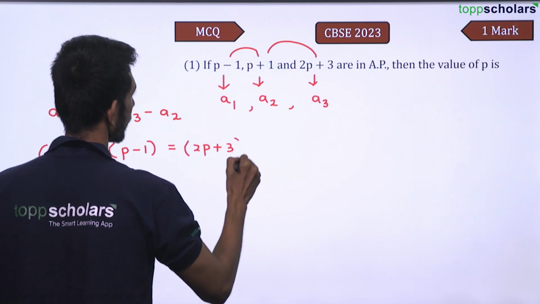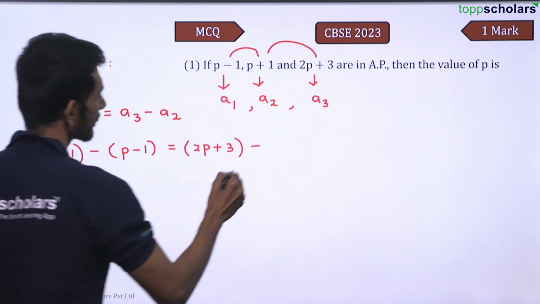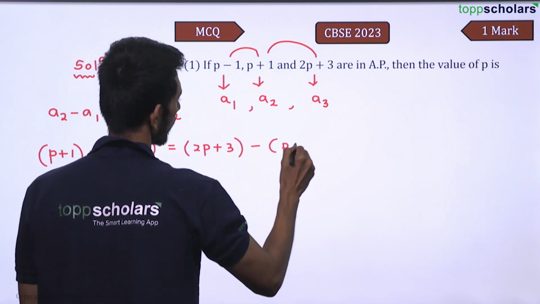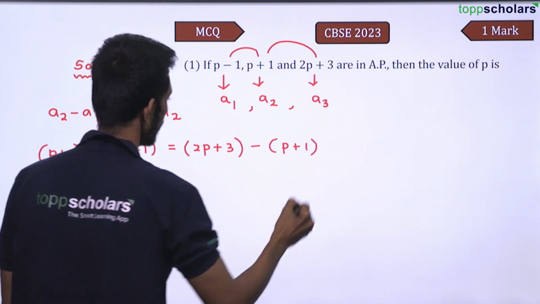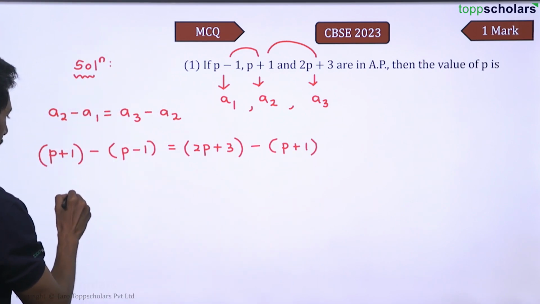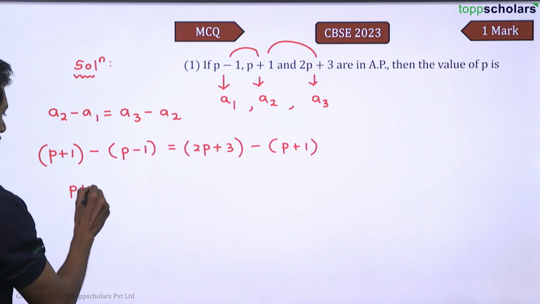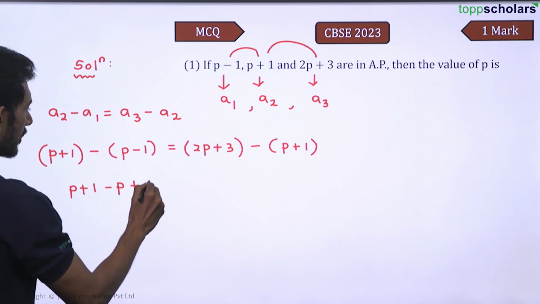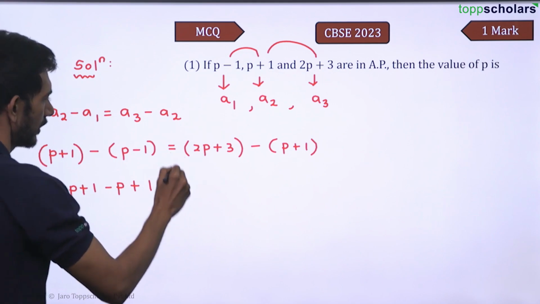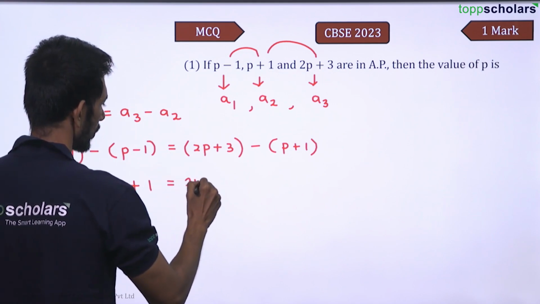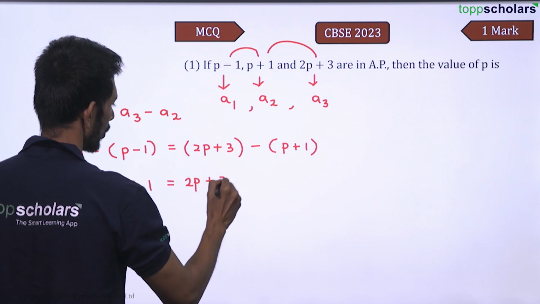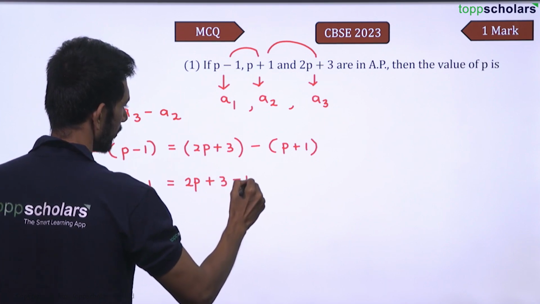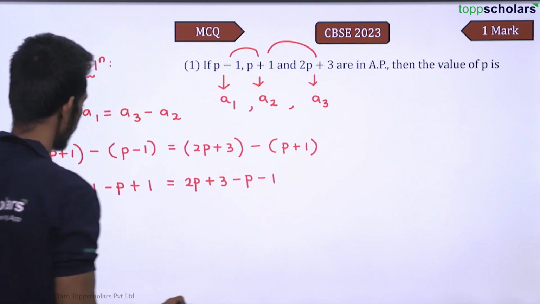2P plus 3 minus P plus 1. So this becomes P plus 1 minus P plus 1 is equal to 2P plus 3 minus P minus 1.